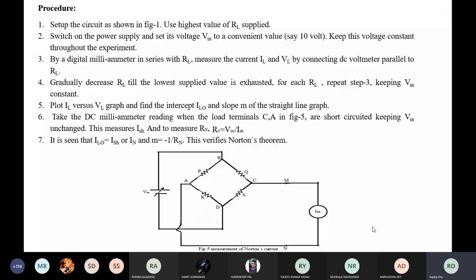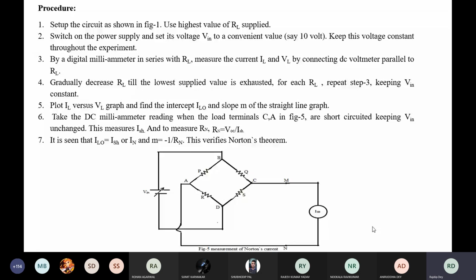Then what is the second step? Switch on the power supply and set its voltage Vin to a convenient value. So our input voltage, Vin, needs to be fixed. Suppose at 10 volt, or in the experiment I will fix it at, suppose, 20 volt. Whatever value we take, we have to keep that voltage constant throughout the experiment.